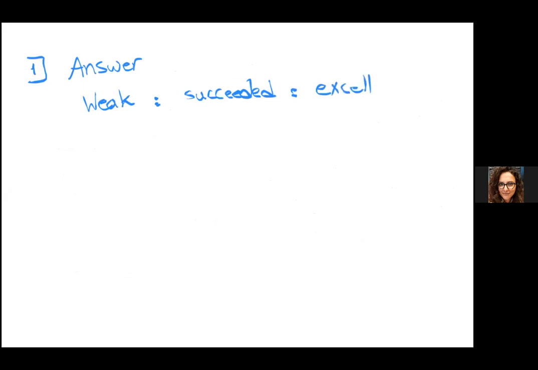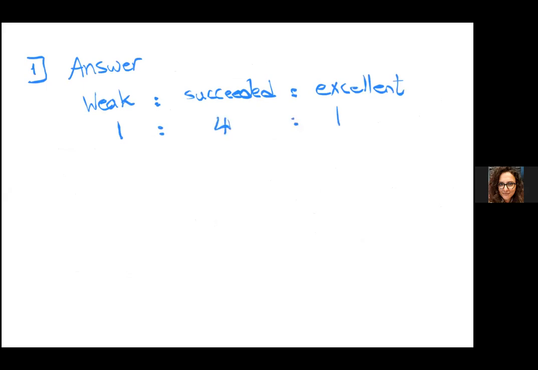The answer to this problem, so let's write number 1. The answer, you have weak to succeeded to excellent students. This is the ratio, it's 1 to 4 to 1.